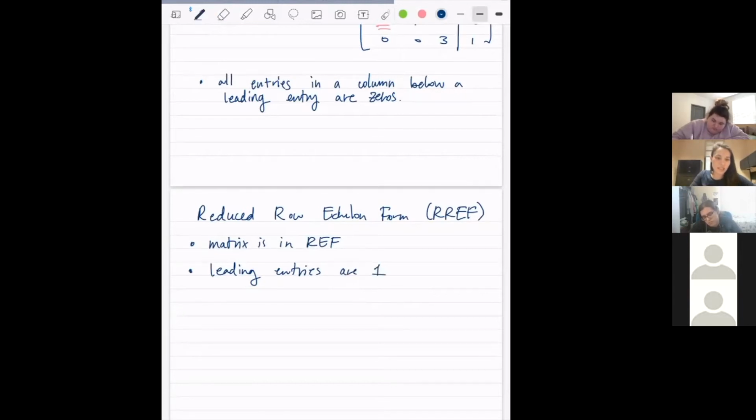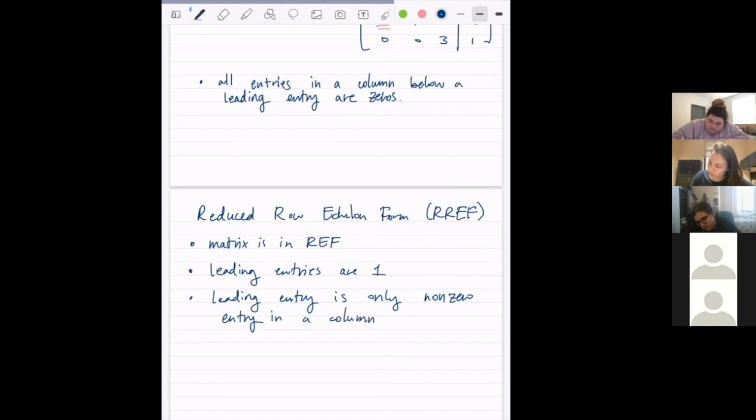And the last thing is that the leading entry is the only non-zero entry in a column.